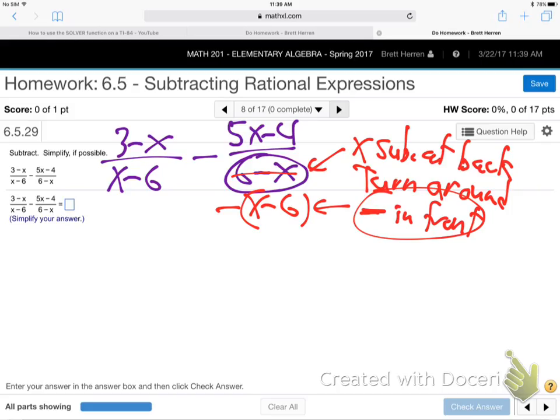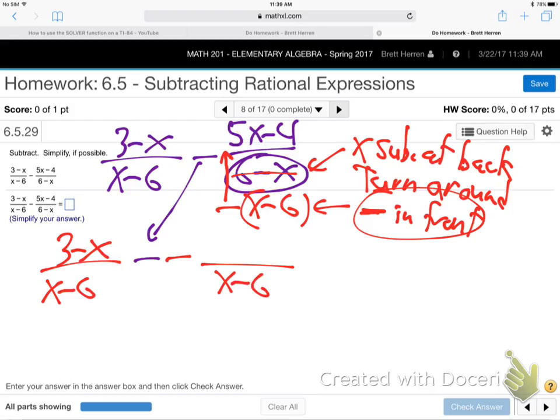So I flip that around, turn around that 6 minus x to be x minus 6, and put a minus in the front. And now, where does that minus go? He floats up here. So what do we got? 3 minus x over x minus 6. We've got the minus that was already there, and the new minus.